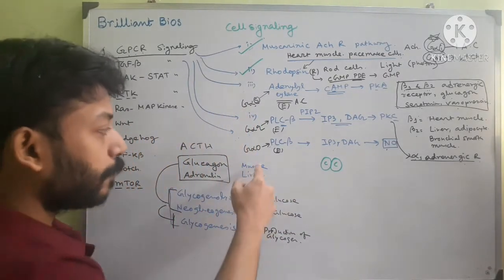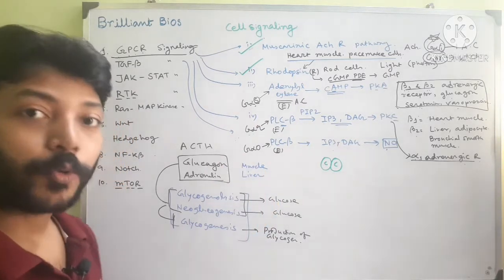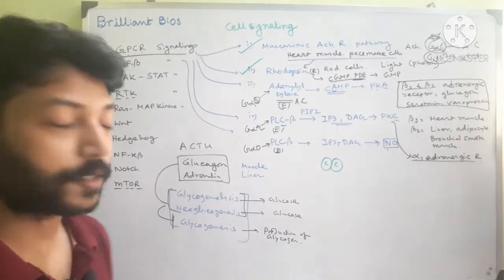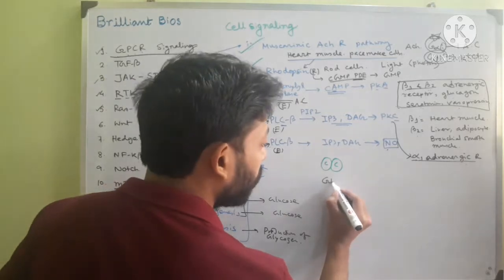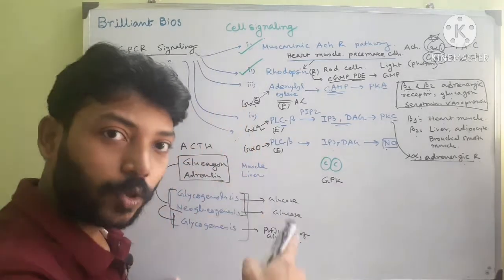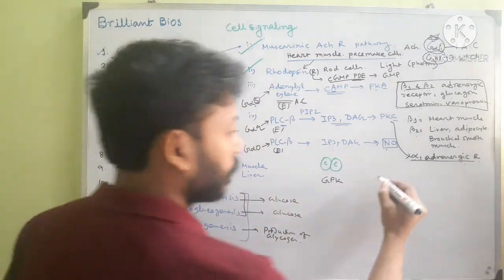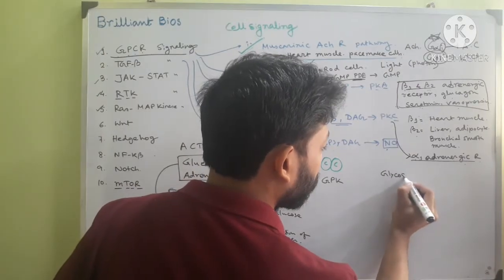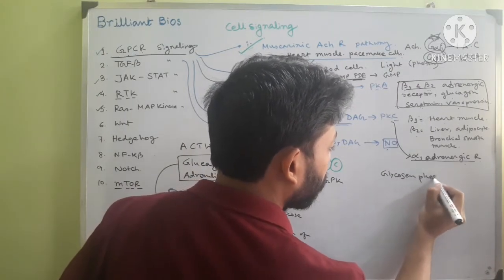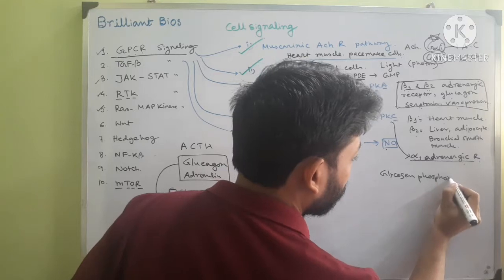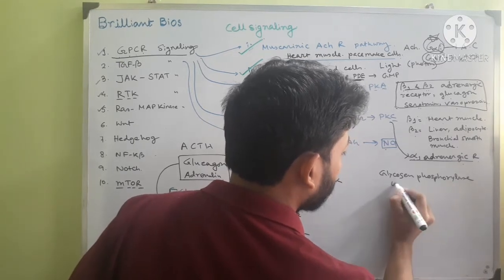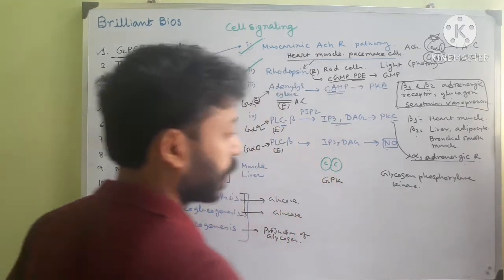In the cell of muscle or liver, there are 3 enzymes present. That is GPK, that means glycogen phosphorylase kinase. This is a kinase enzyme.